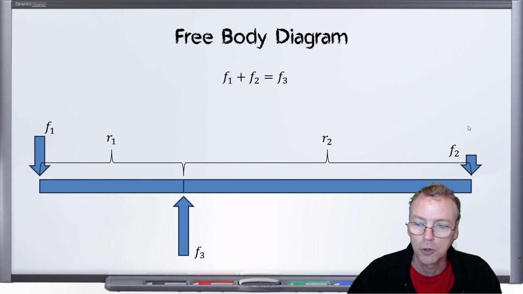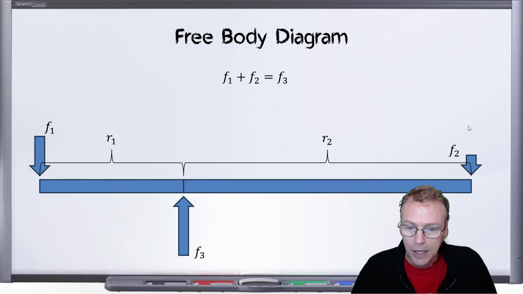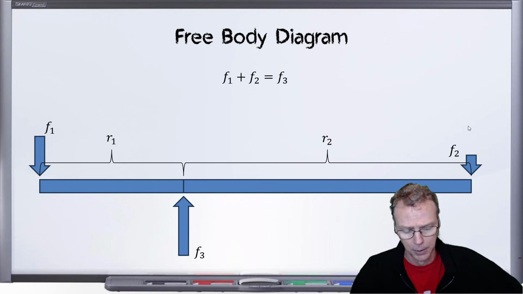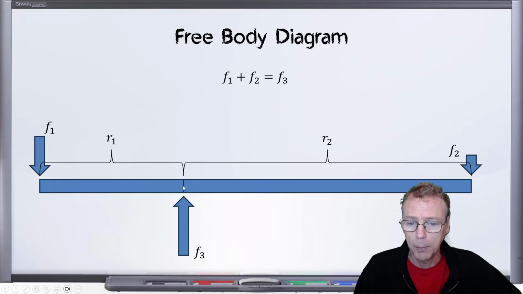Well, that's pretty straightforward. The other thing is that I don't want any rotation. I don't want rotational acceleration. And that means there must be no torque, zero net torque acting on the beam. To keep things simple, let's work around the fulcrum. F3 applies zero torque at the point of the fulcrum, so we can drop that one out. And we can say that F2 is trying to rotate the beam clockwise. F1 is trying to rotate the beam counterclockwise.